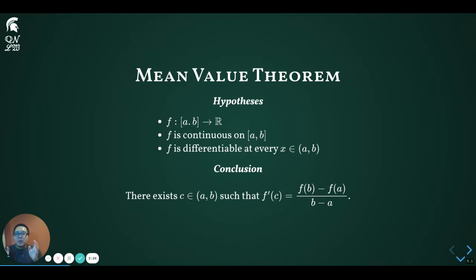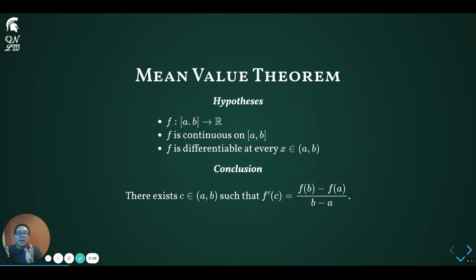The mean value theorem removes the assumption that the global trend is stationary. Instead, it asserts that the rate of change as exhibited by the global trend, meaning the slope of the line connecting f of a to f of b, is reflected in the derivatives. So, the basic hypotheses are the same as Rolle's theorem. We take f to be defined and continuous on a closed interval [a, b], and we assume f is differentiable in the open interior of the interval.